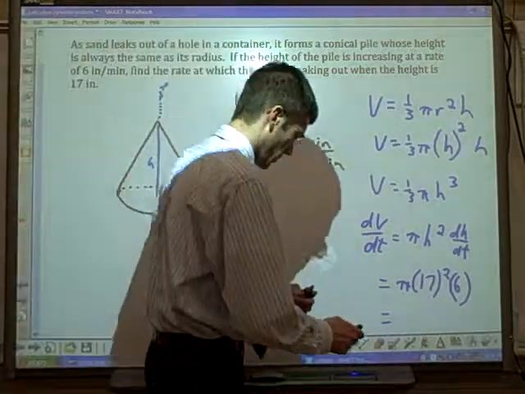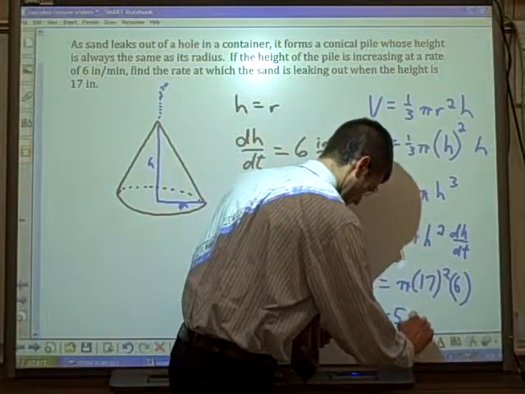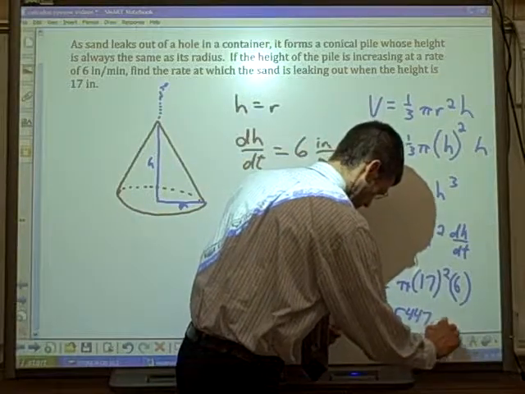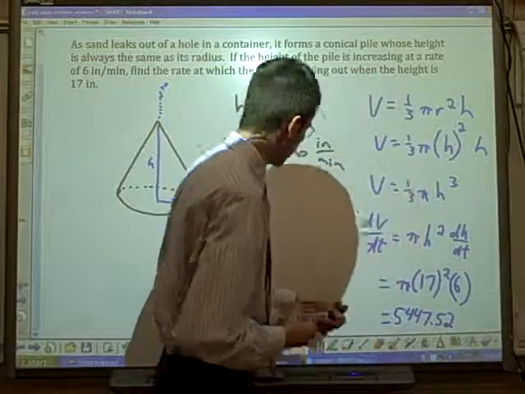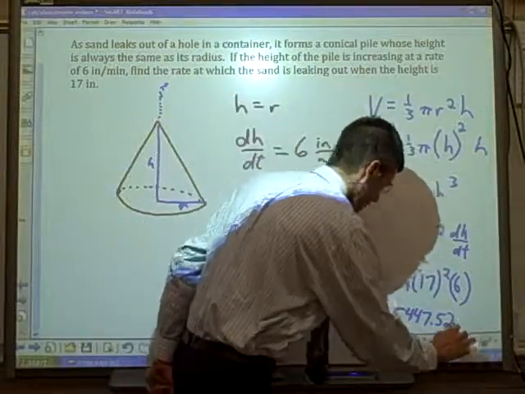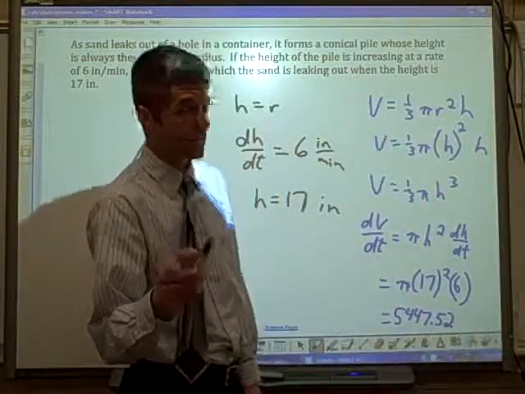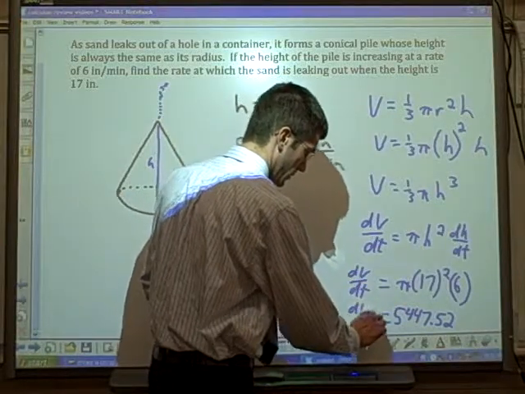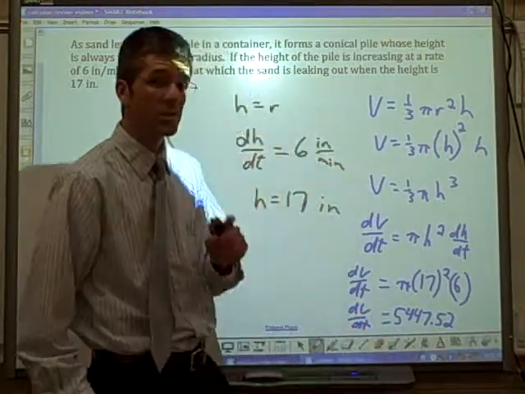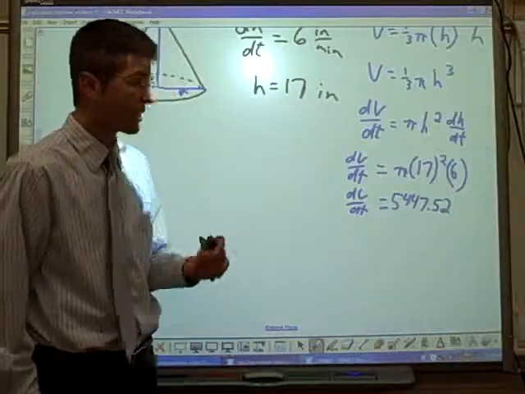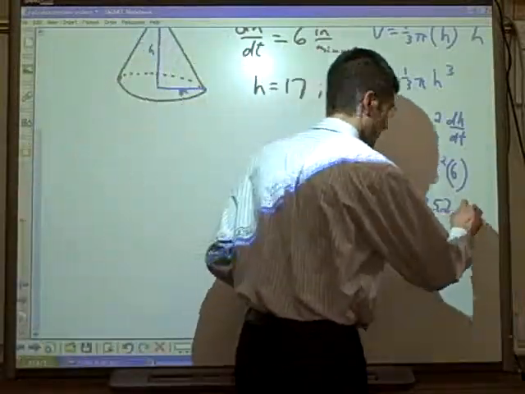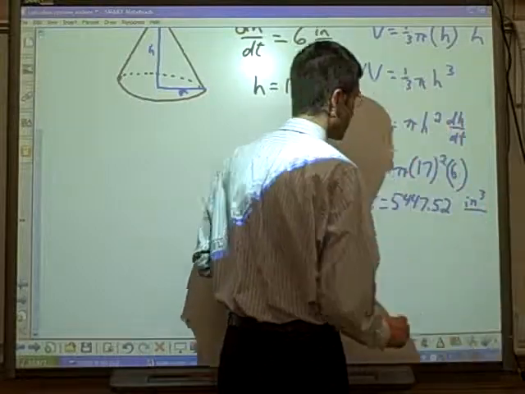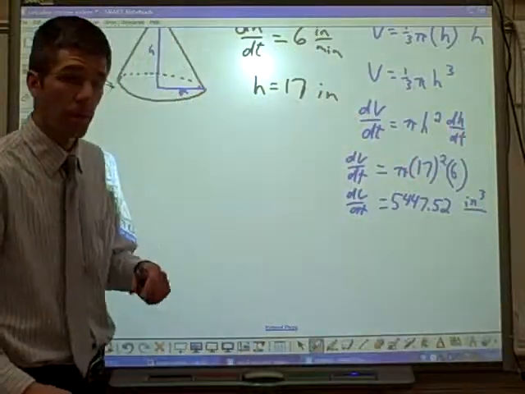We're going to round to 2 decimal places just because it makes sense. 5447.52. And that is a rate of change of the volume. Let's carry this dV/dt down. And since it's volume, it is cubic inches. But it's a rate of change, so it's cubic inches per minute.